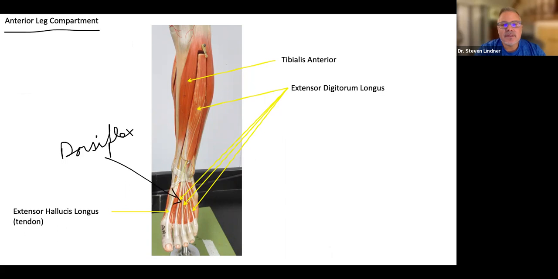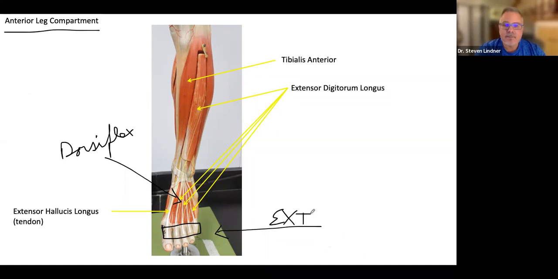And some of them cross the toes. You can see the tendons here on the toes. And those muscles originate on the anterior leg, cross the ankle, and attach to the toes. Well, what do they do at the toes? They will be responsible for toe extension.